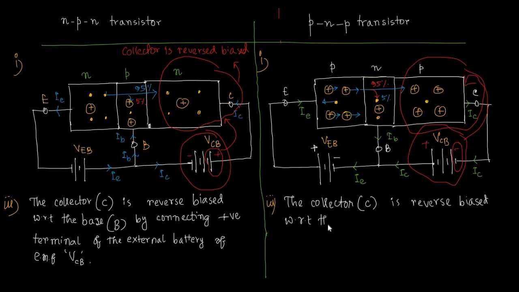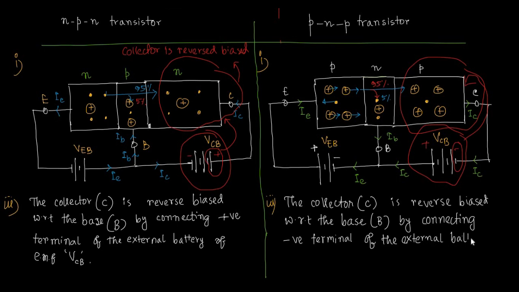The collector C is reverse biased with respect to base B by connecting negative terminal of the external battery of EMF VCB to the p-type collector.